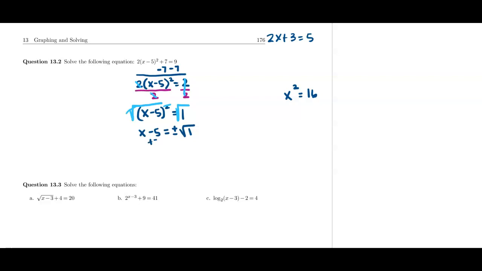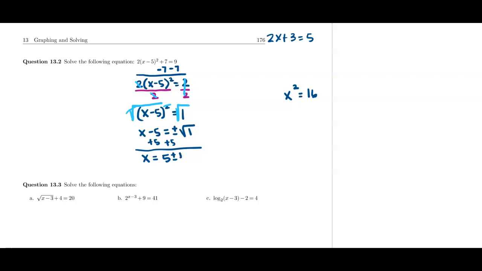Okay? And then we'll add the 5 over to get x by itself. So x equals 5 plus or minus the, sorry, the square root of 1 is just 1. So let's write it down that way. We don't really need the square root there anymore, and that will help us simplify this more too.